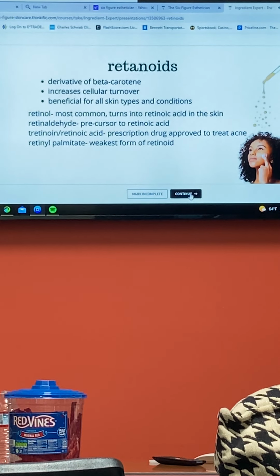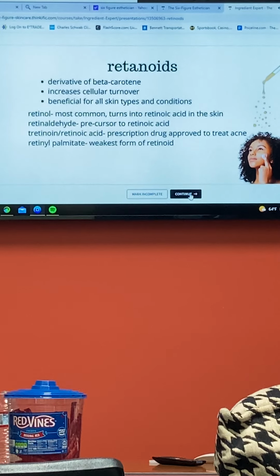Okay, so let's move on to the next one. I went a little bit out of order here, but let's talk about retinaldehyde, because we were just mentioning retinaldehyde. Put simply, retinaldehyde, which often appears as retinal on the skincare label, also a vitamin A derivative, is a precursor to retinoic acid.